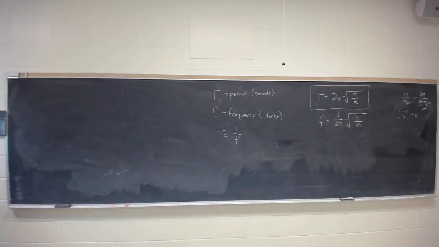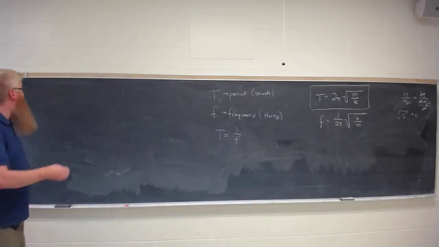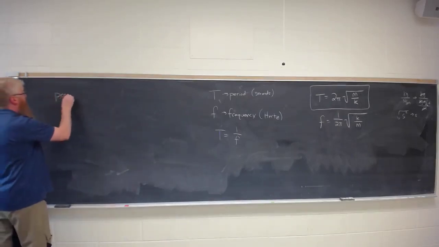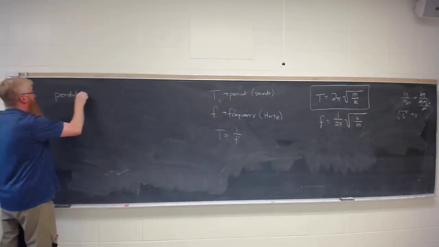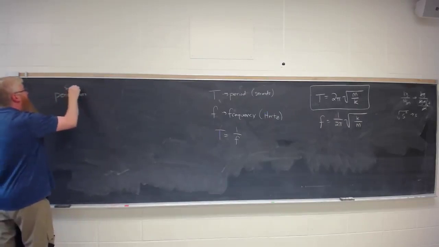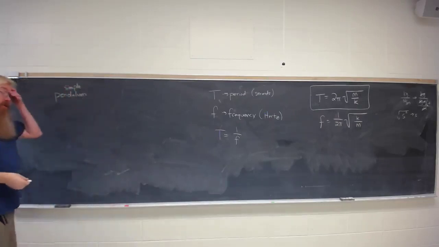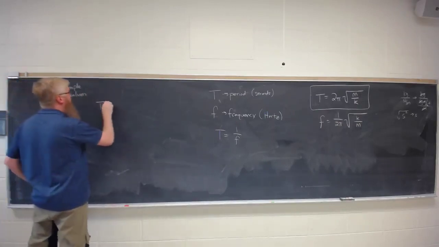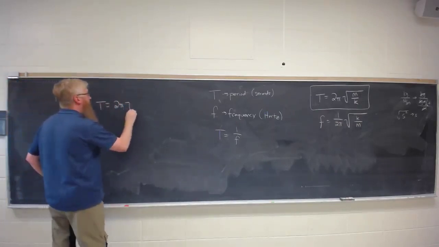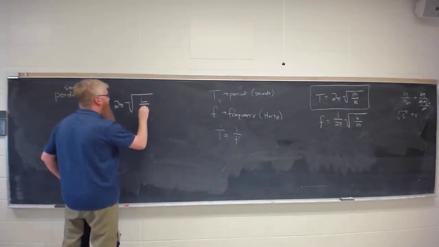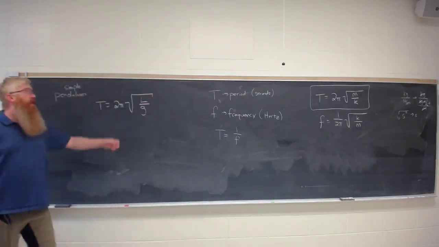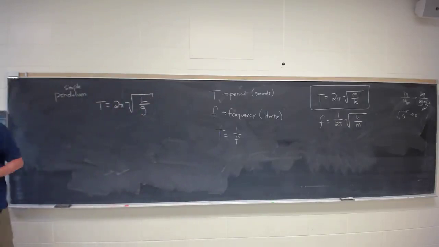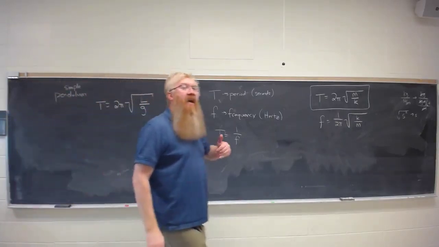So then there's a derivation for what's called the simple pendulum, because there is a thing called the physical pendulum, which your book doesn't really talk about. The period is 2 pi times the square root of the length of the pendulum over the acceleration due to gravity. Whenever you see g in an equation, they mean positive 9.8.